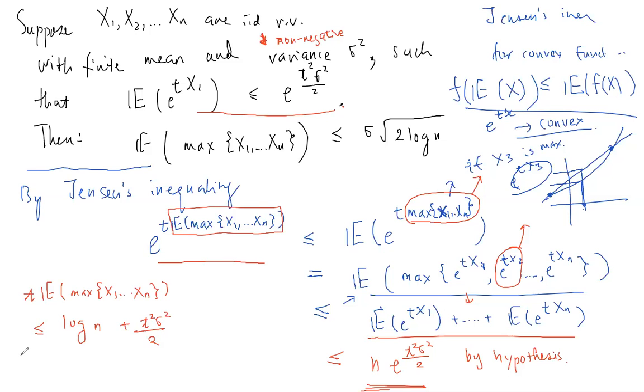And therefore, your expectation of the max will be bounded by log n over t plus t sigma square over 2.